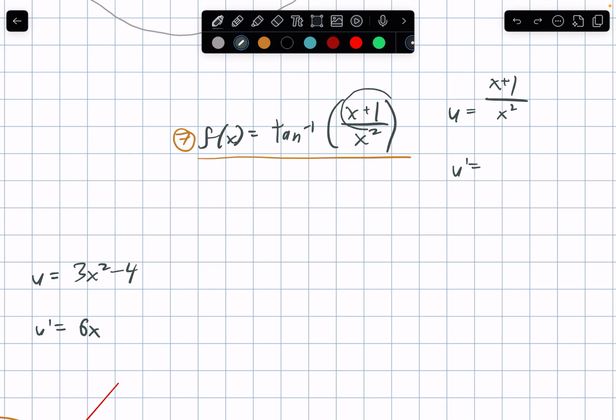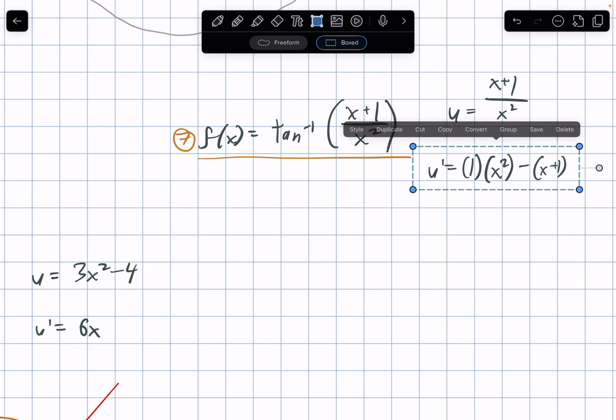We have an f of x as the numerator and g of x as the denominator. So, the derivative of x plus 1 is going to be 1. You just copy the next term. Minus, just copy the numerator. And for the denominator, find the derivative, it's 2x, right?